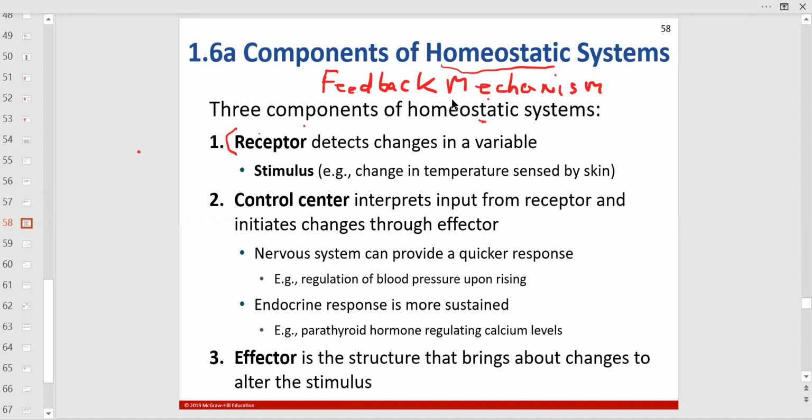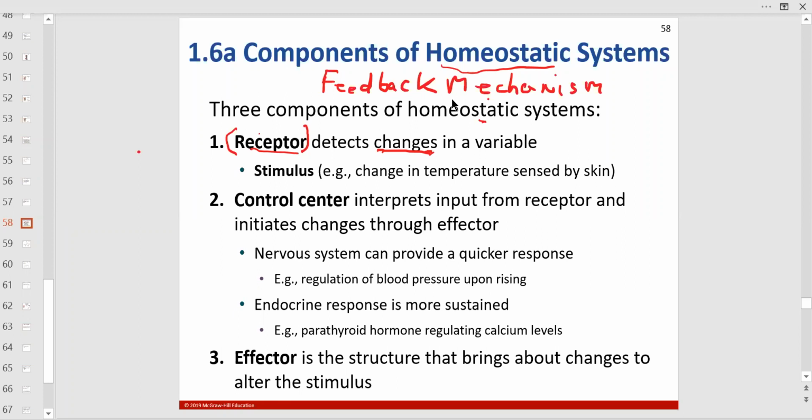This is the detection of a change, like a change in blood pressure or body temperature, or a change in your mental status, from being calm to having fear, right? Because that has a physical effect. So the receptor is always nervous tissue.